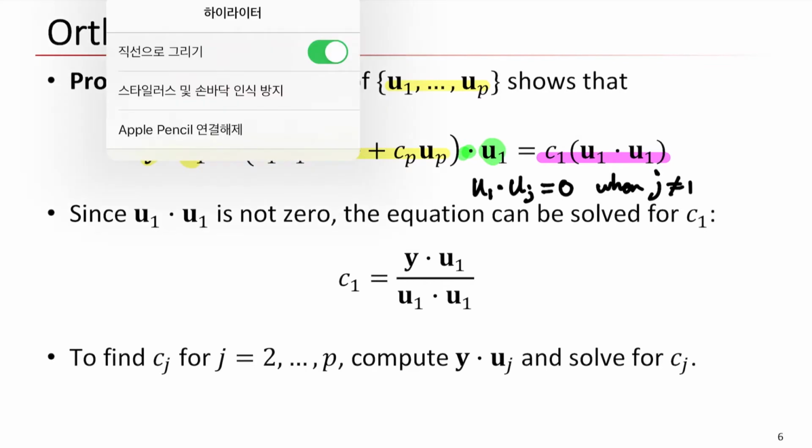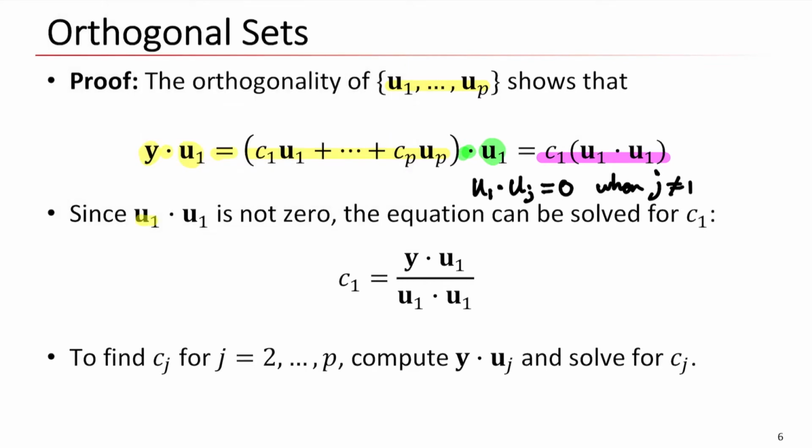Then since U1 inner product U1 is not 0, the equation can be solved for C1. So from here, by dividing the left hand side and right hand side, we can derive that C1 is equal to Y inner product U1 over U1 inner product U1, right? And then to find Cj for j equal to 2 through P, we can also compute Y inner product Uj.